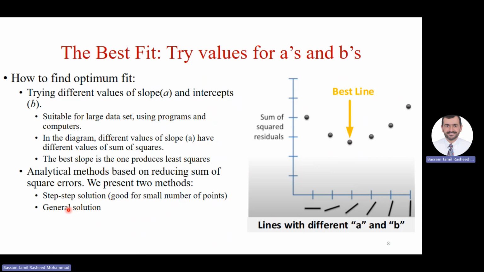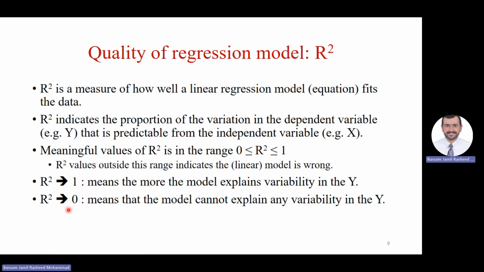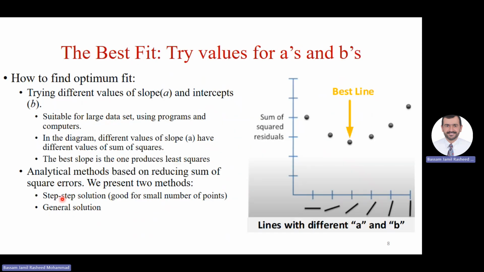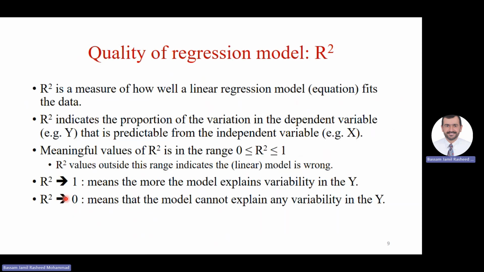Let's take a look at the step-by-step solution. Before we get to that, we have to talk about a metric that we use. They call it the R square, which is the quality of the regression model. The R square is a measure of how well a linear regression model fits.